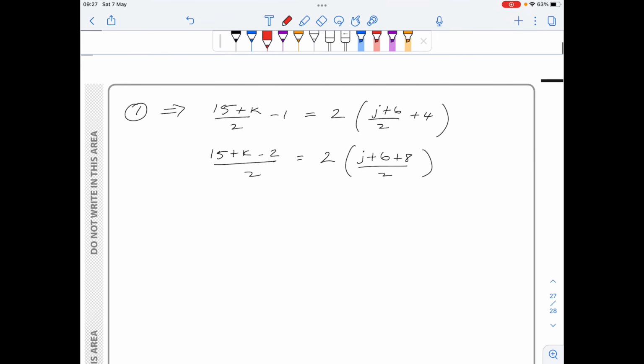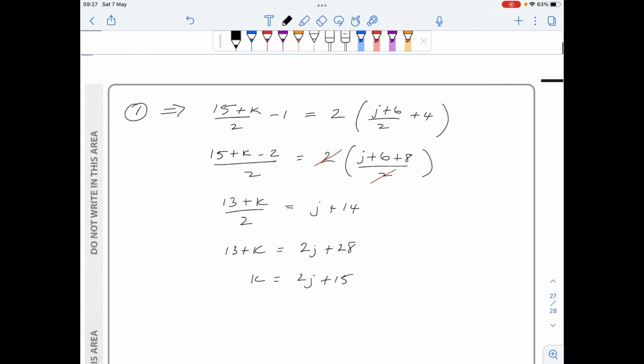I can cancel out these 2's. So I will have (13 plus k) over 2 equals j plus 14. So 13 plus k is equal to 2j plus 28. So k is equal to 2j plus 15, and this is a simpler version of equation 1.